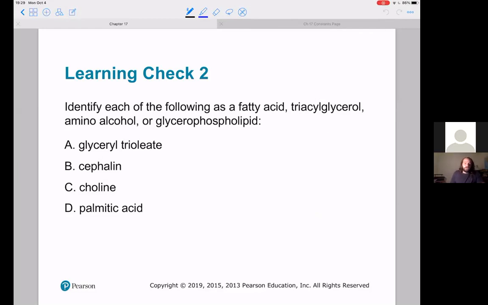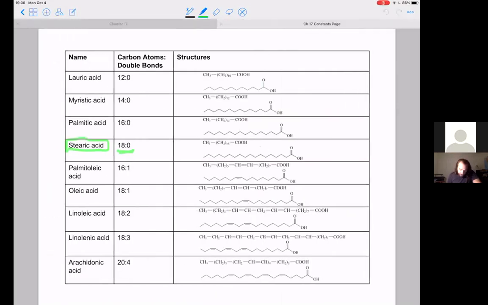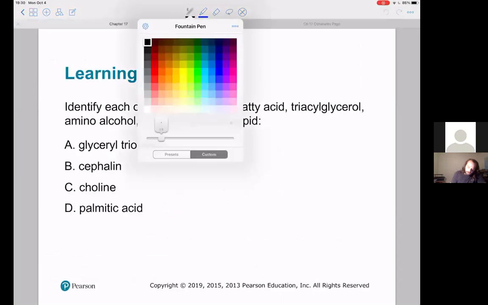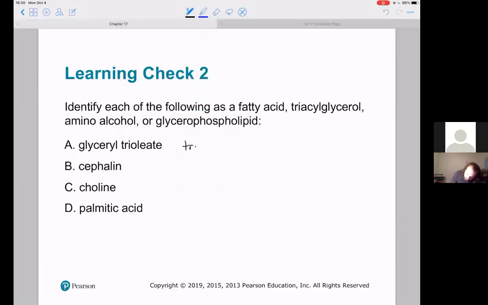The glycerol refers to that glycerol backbone, and then the trioleate would let us know, we could even draw this one given our constants page here, knowing that it contains 3 components of oleic acid. So this would be a triacylglycerol.